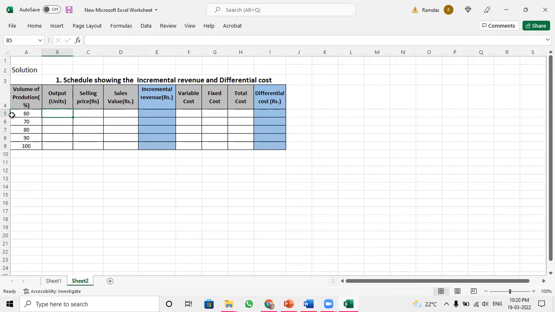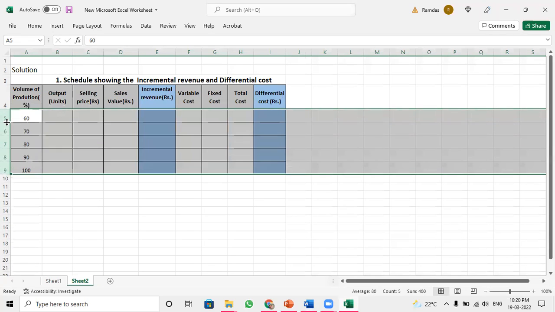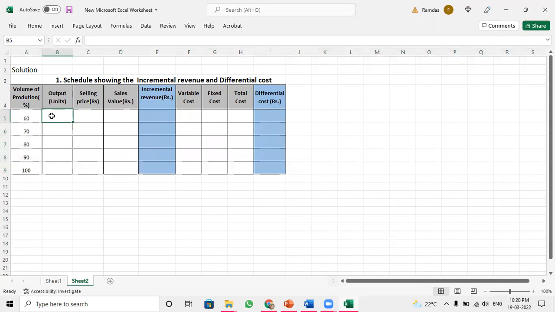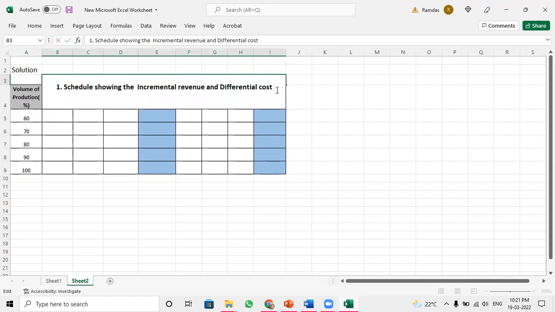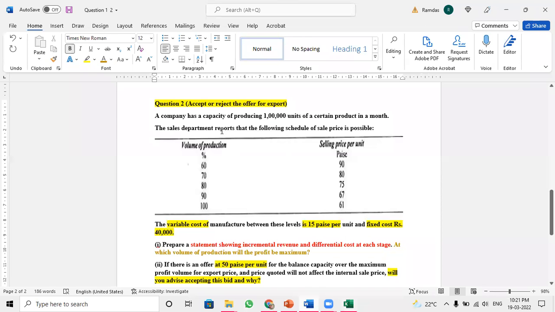Now the output: we need to calculate the output in units, for which we require the percentage and the number of units that are being manufactured. If you look into the Word document, the company has a capacity of producing 1 lakh units.